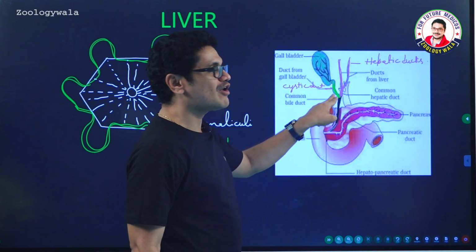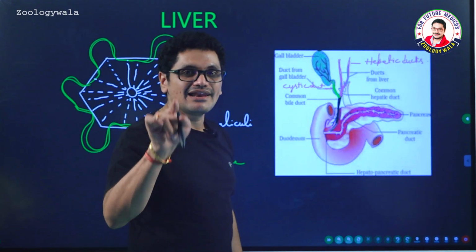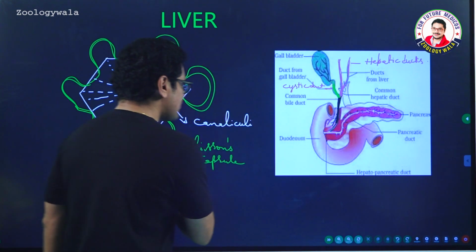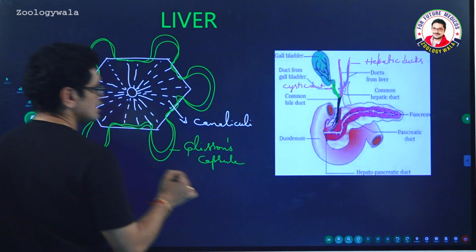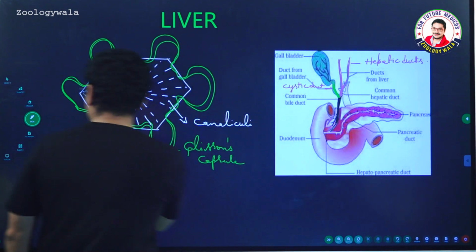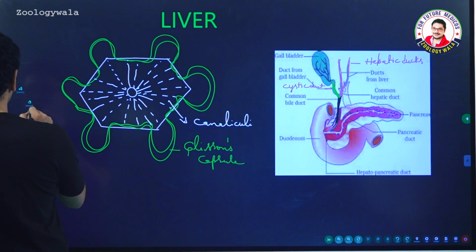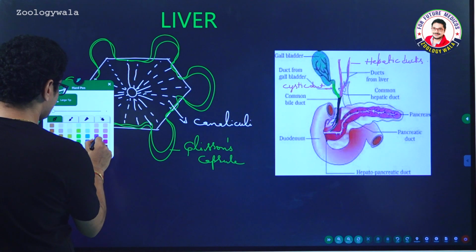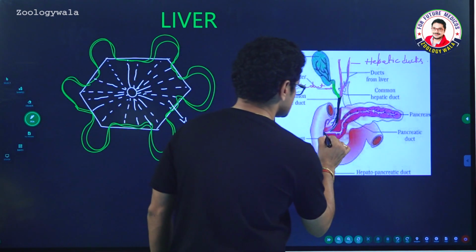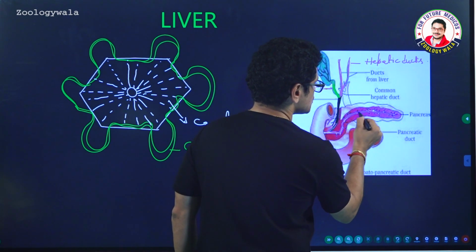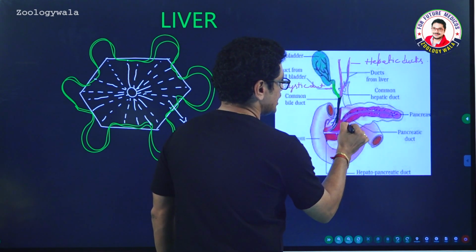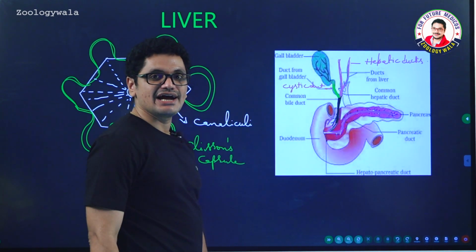These two combine to form common bile duct, and this common bile duct combines with the duct which is coming from the pancreas. Let me show you the pancreatic duct. I will take a different color. I hope it is visible, and this one, the middle one, this duct is called pancreatic duct.